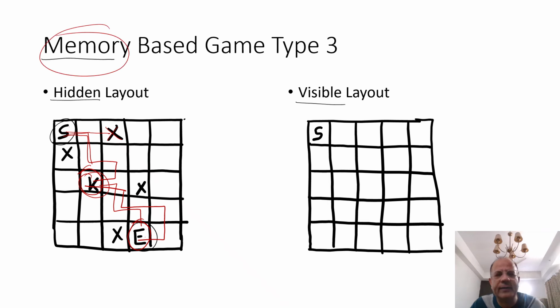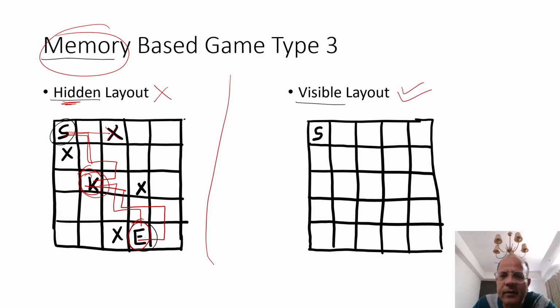Now, let's go slow over here. I have referred to this as a hidden layout. This is the actual problem, the game, but I will not be seeing it. What will be visible to me on my computer screen is a layout like this, which has a start.